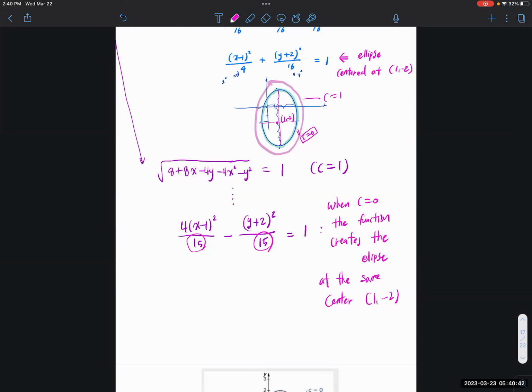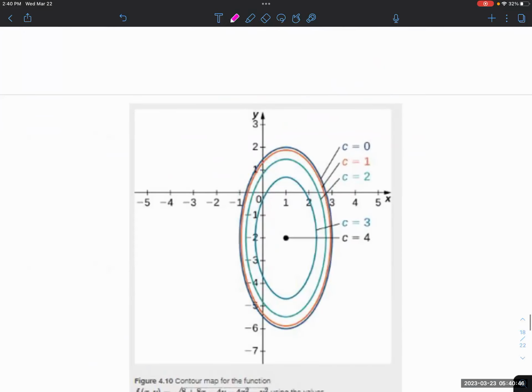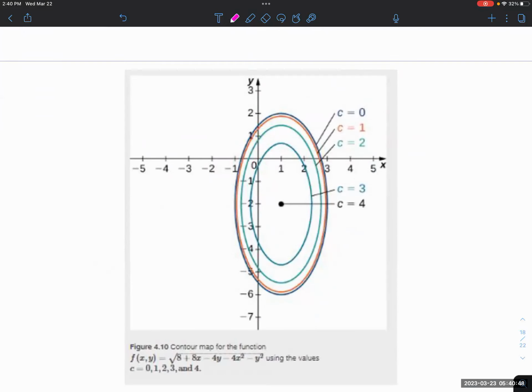So your level is getting wider. At the end, I'm just showing you all the images. This is what's happening. No matter what, c equals 0, c equals 1, these are the corresponding outcomes from the function. It's getting wider, but later it's going to be just 1 point, but the center is still the same.